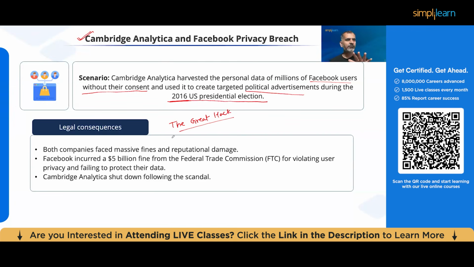This movie explains well how that whole conspiracy was carried out during the 2016 US presidential election, how Cambridge Analytica played its significant role in changing the mood of voters, and finally Trump won that election. This incident happened in 2016 and was discovered later.